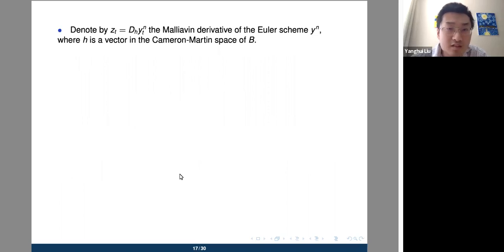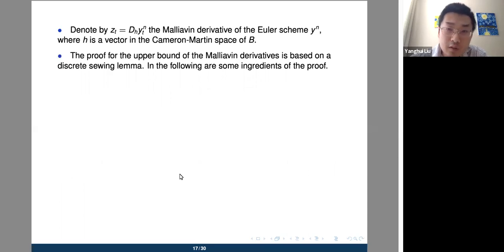Okay, so let's denote Z to be the Malliavin derivative D_h Y_n(t). Here Y_n is the Euler scheme, and h is a vector in the Cameron-Martin space of B. Now the proof for the upper bound of this Malliavin derivative and also higher order derivatives is based on a discrete Gronwall-type lemma.